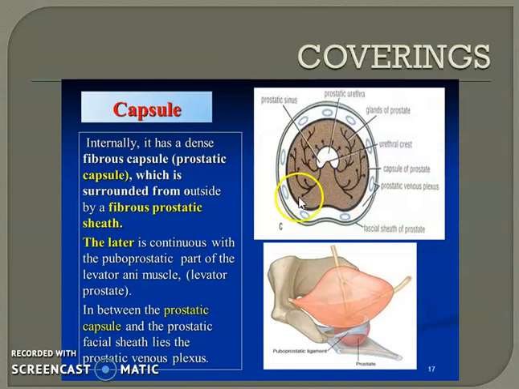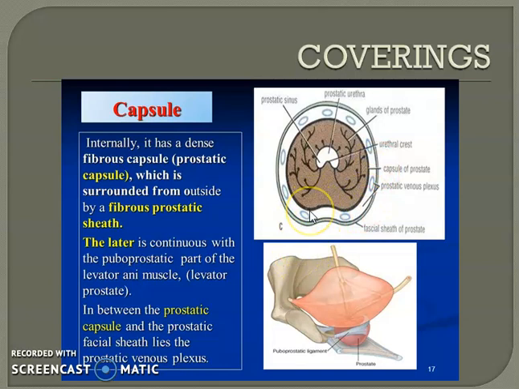Coverings of the prostate. The prostate is covered by two layers. The inner is the true capsule and the outer layer is called the false capsule. Between the inner and outer capsule lies the prostatic venous plexus.